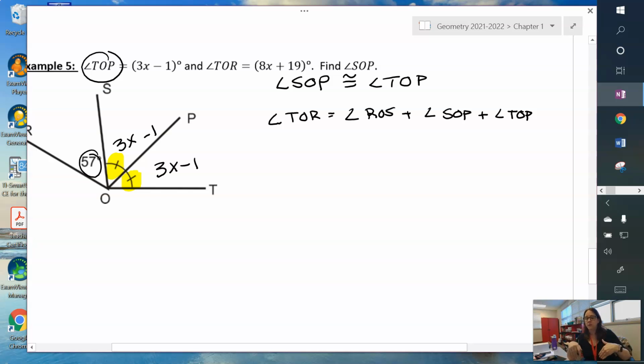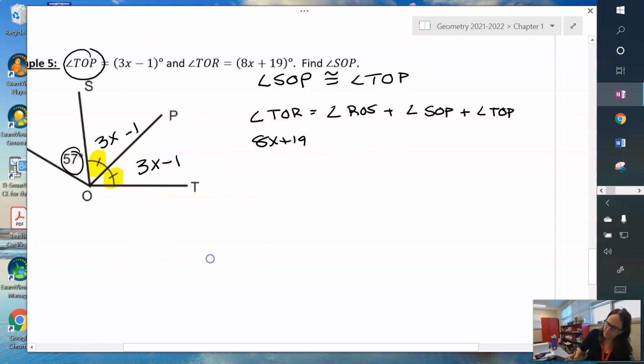We're going to put in the expressions. So TOR is 8x plus 19. ROS is 57. SOP is 3x minus 1. TOP is another 3x minus 1. Okay, geometry is finished. Now we're just doing algebra.